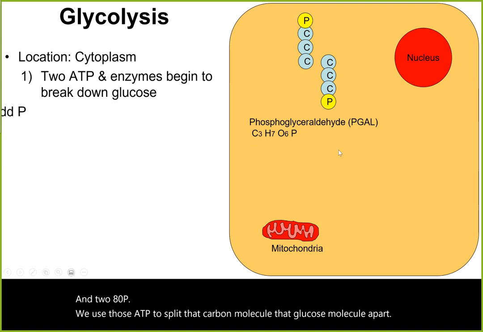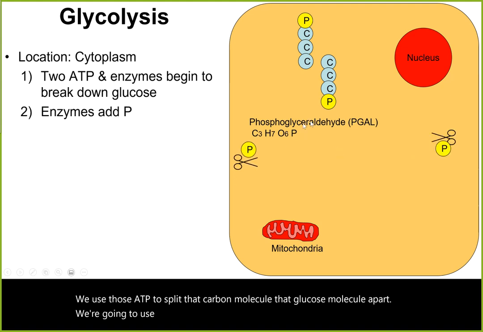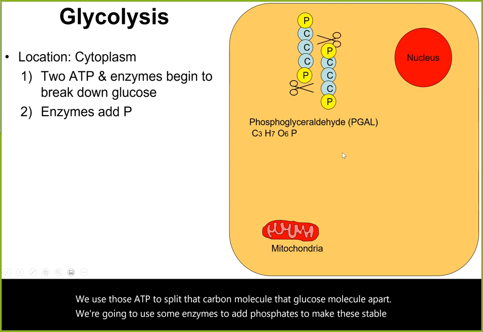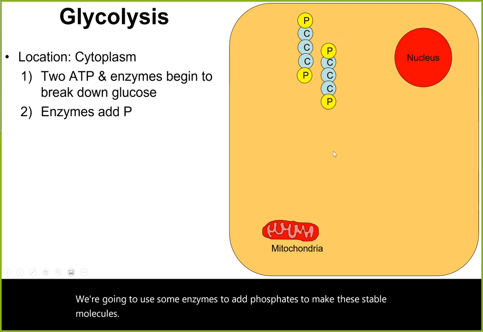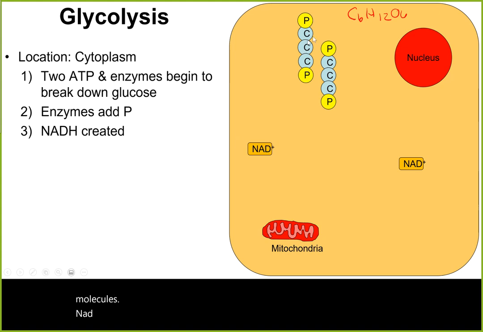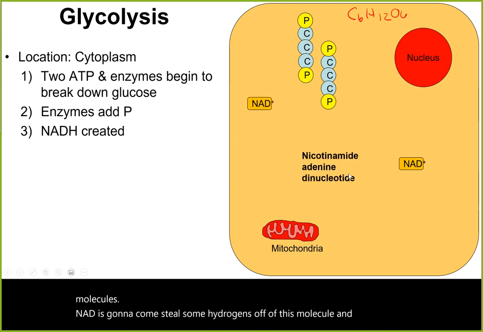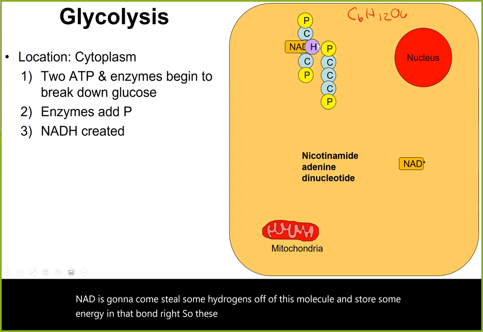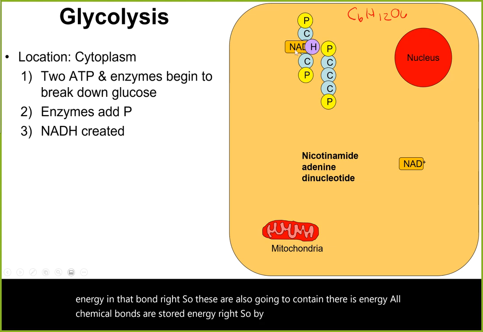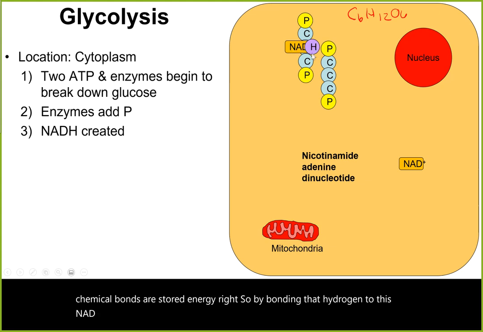We're going to use some enzymes to add phosphates to make these stable molecules. NAD is going to come steal some hydrogens off of this molecule and store some energy in that bond, right? All chemical bonds are stored energy, right? So by bonding that hydrogen to this NAD molecule, it's storing energy in that bond, and it's going to take it to the mitochondria.